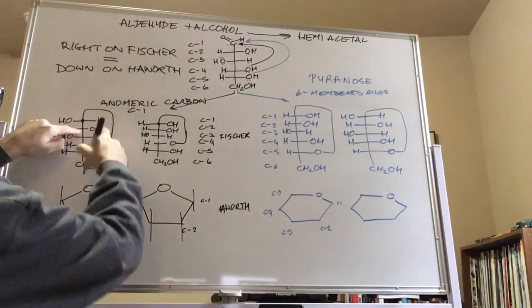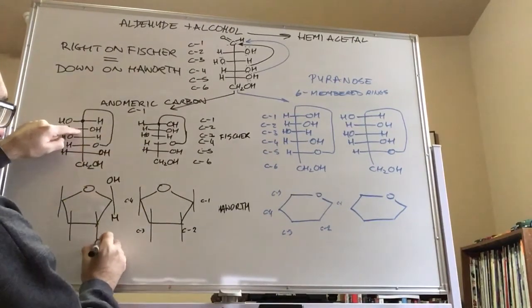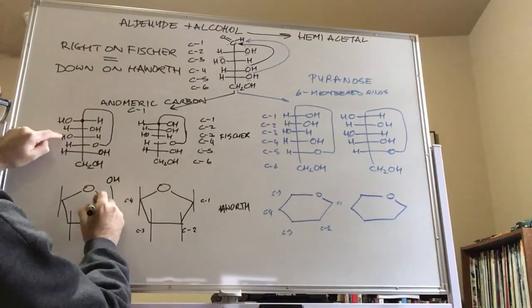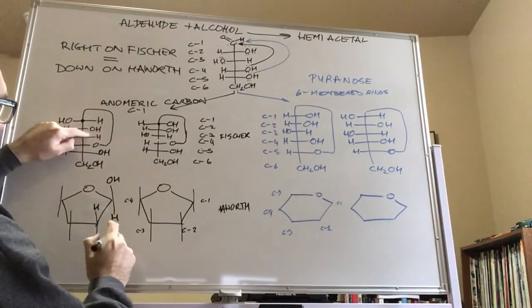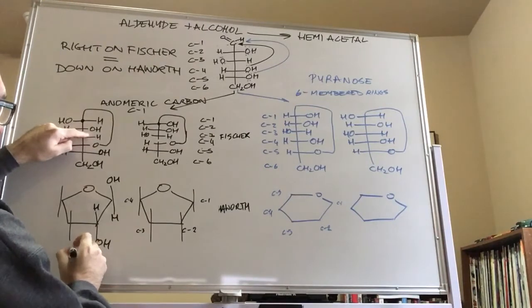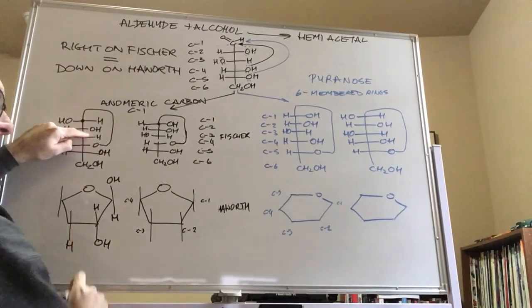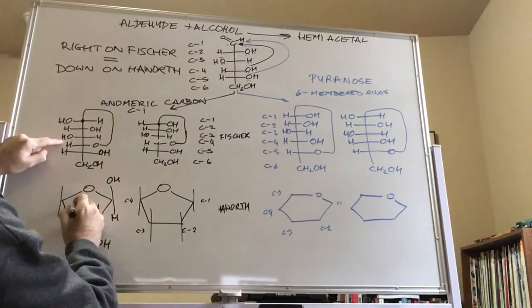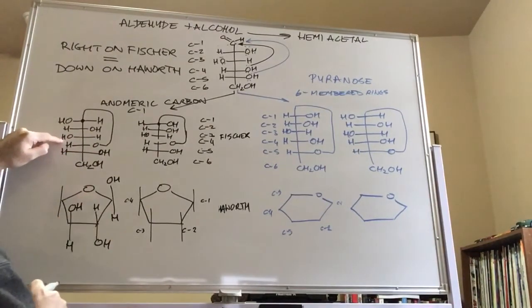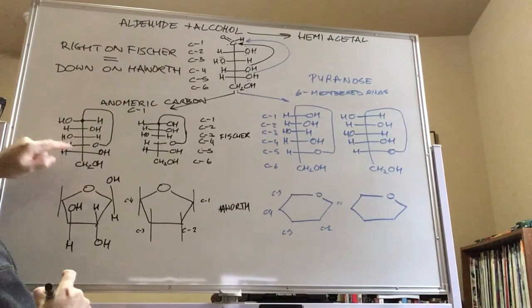The alcohol is on the right. That means it points down. The hydrogen is on the left, therefore it points up. Carbon number 3. The hydrogen is on the right. It points down. The alcohol is on the left, it points up.